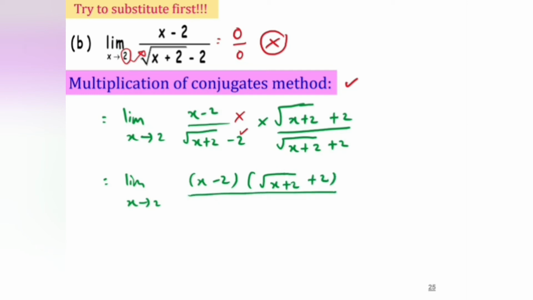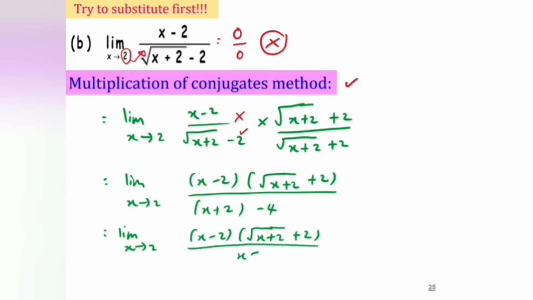If you expand it, you will get x plus 2 minus 4, and then we can simplify the function to (x minus 2) times (square root of x plus 2 plus 2) over (x minus 2). We can cancel off the x minus 2 and substitute 2 into the function. You will get square root of 2 plus 2 plus 2, which is 4.